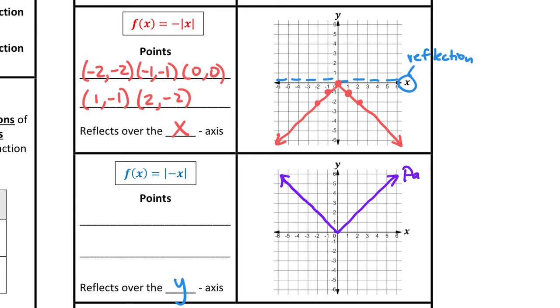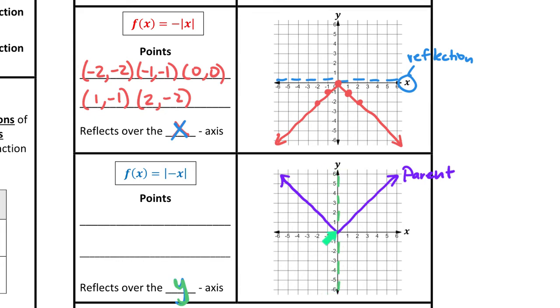This purple is the parent function. But now, if we're going to reflect over the y-axis, then let's say this is my reflection line. Let me change this to green, and let me change this to blue. I just want to make sure, reflection, reflection. So this is the y-axis, the reflection.